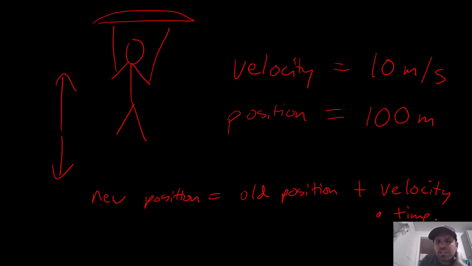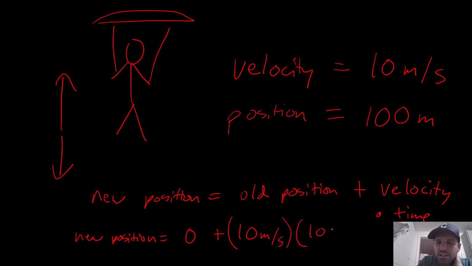So in this case, if we said our old position was just 0, the velocity is 10 meters per second, and time is 10 seconds, then we could get the new position. The old position was just 0 plus our velocity of 10 meters per second multiplied by 10 seconds would give us, he would fall 100 meters during that time.